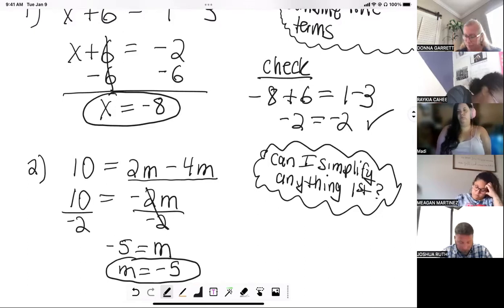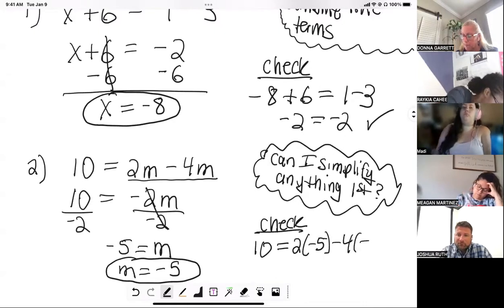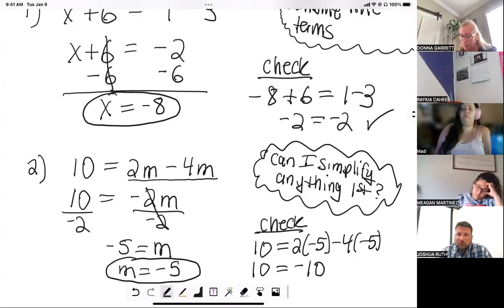So let's check. I write the original equation down, except wherever m is, I'm going to put negative 5 in. So 2 times negative 5 minus 4 times negative 5. And I want to make sure that the two sides are equal. So 10 stays the same. Okay, 2 times negative 5 is negative 10.